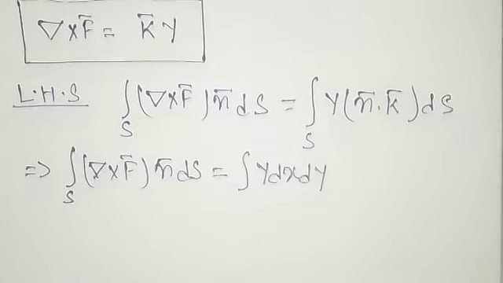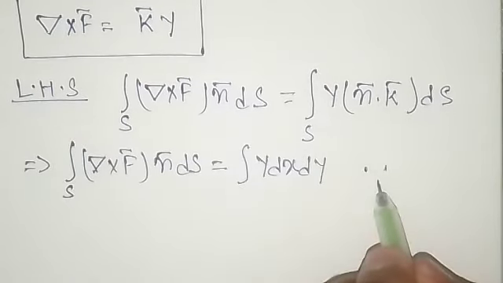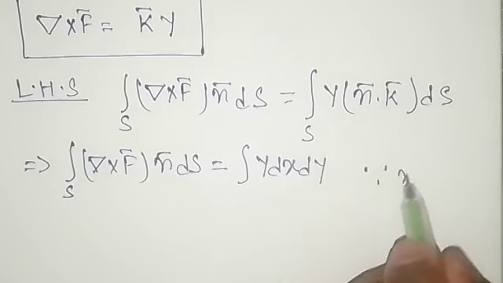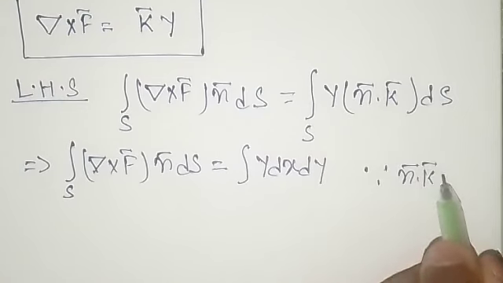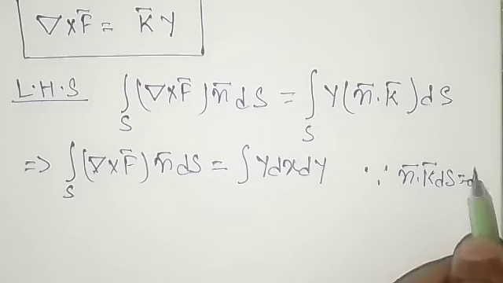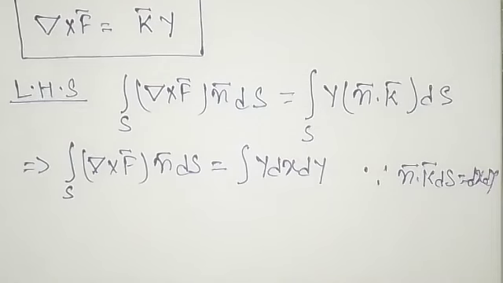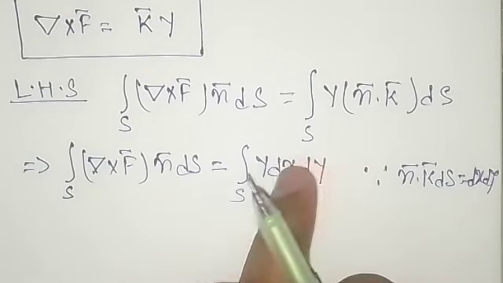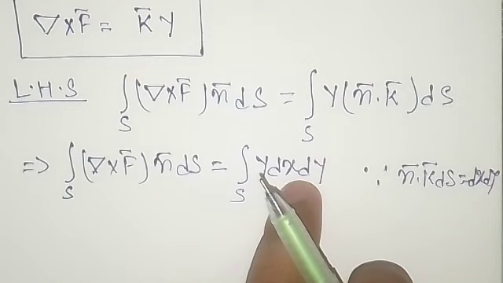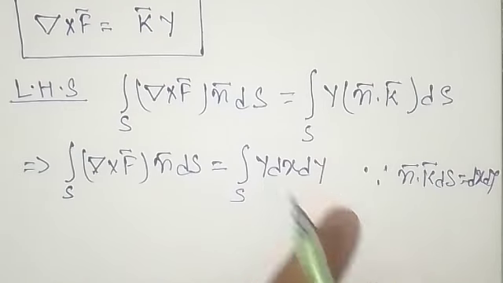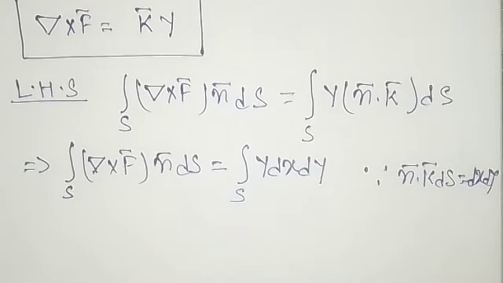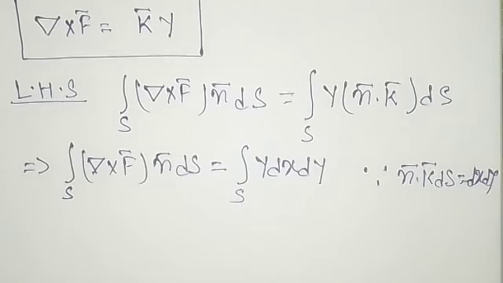All right. So for better understanding, here you can write, since this is vector n, vector k, n·k ds is equal to dx into dy, right? Okay, so this you got, the surface integral of this one, right? Now we have to find out this value, that is y into dx dy, we have to integrate. So if you look at that, x and y are varying from 0 to a, is it or not?